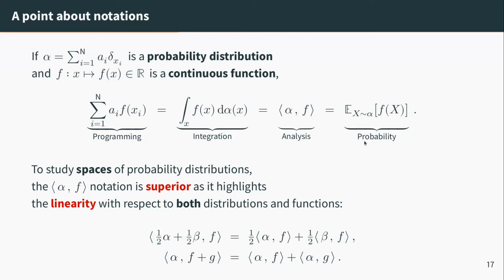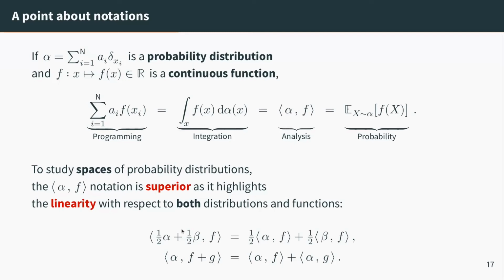Now that's cool, but I think that if you want to study spaces of probability distributions, if you want to define geometries, clearly this notation is better. And why? Because it highlights the fact that this quantity is linear with respect to both distributions and functions.